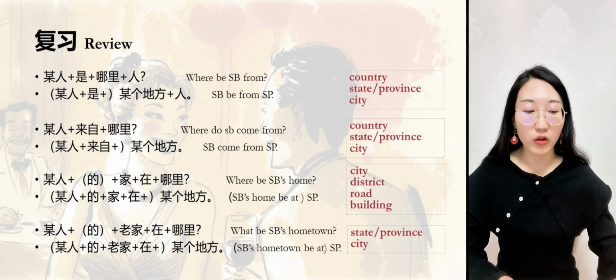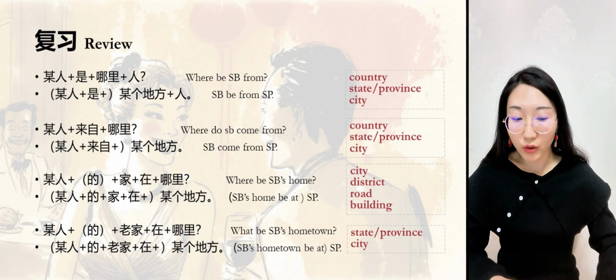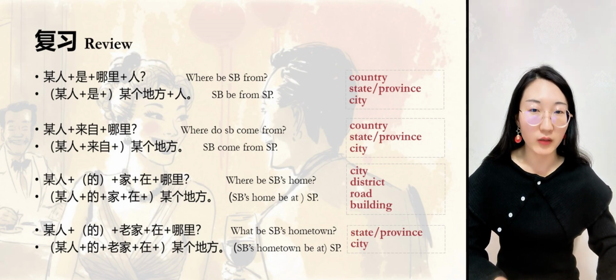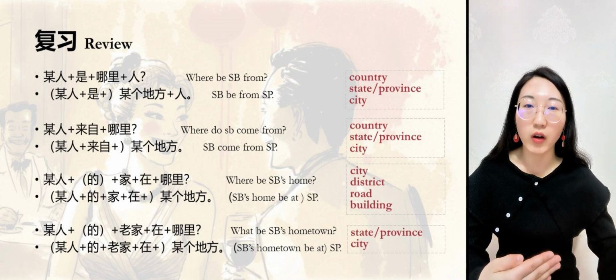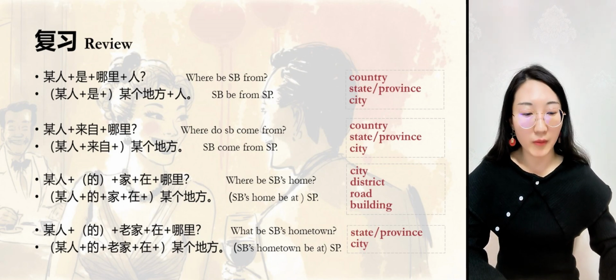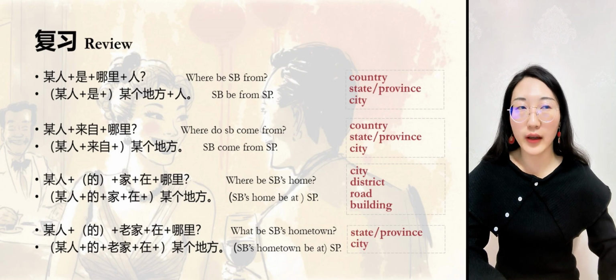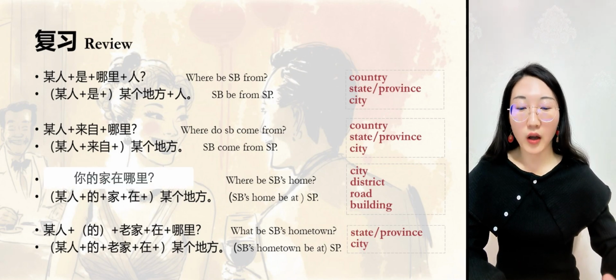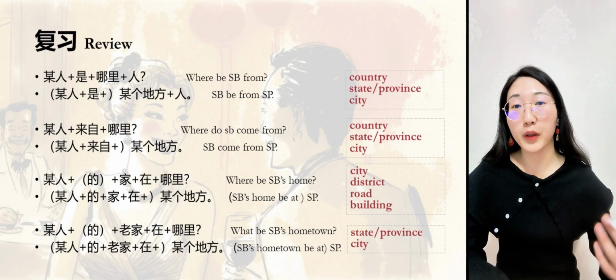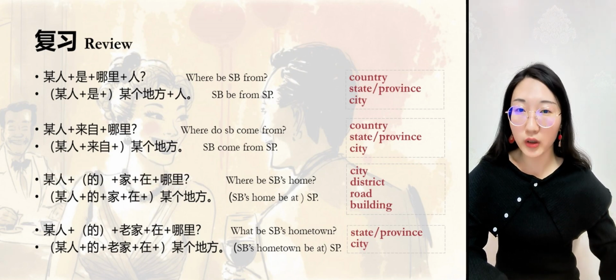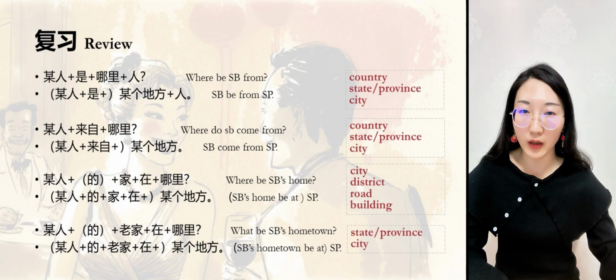And it can also be used to ask exactly which district or road or building you are living in, as long as we both know that we live in the same city. So for example, if we both know that we live in, say, Beijing, then me asking you, 你的家在哪里? That would be me being curious about which district of Beijing city you are living in.